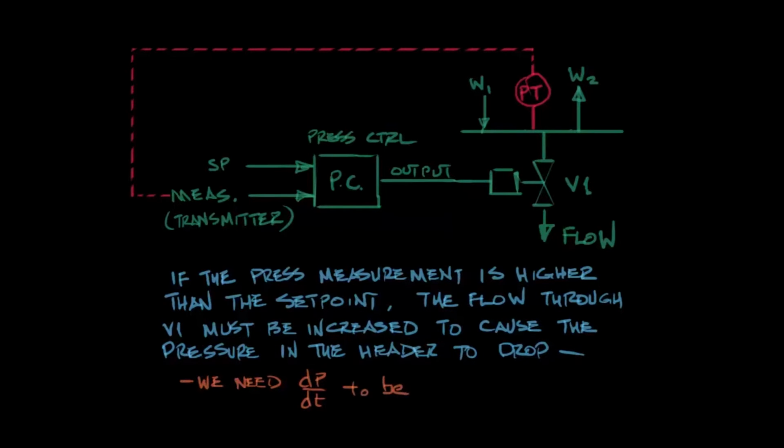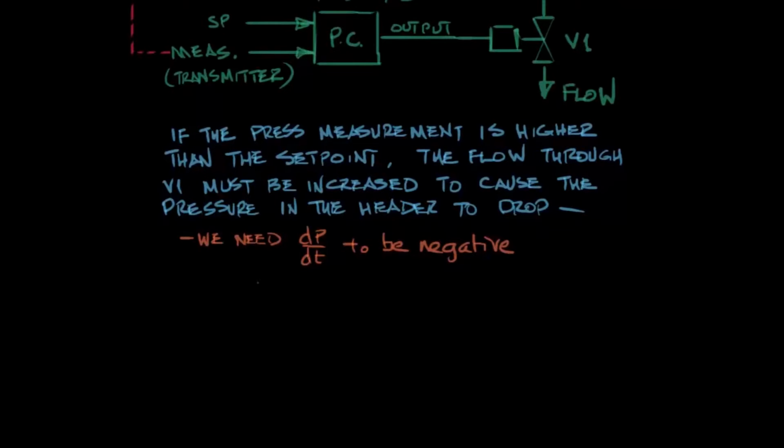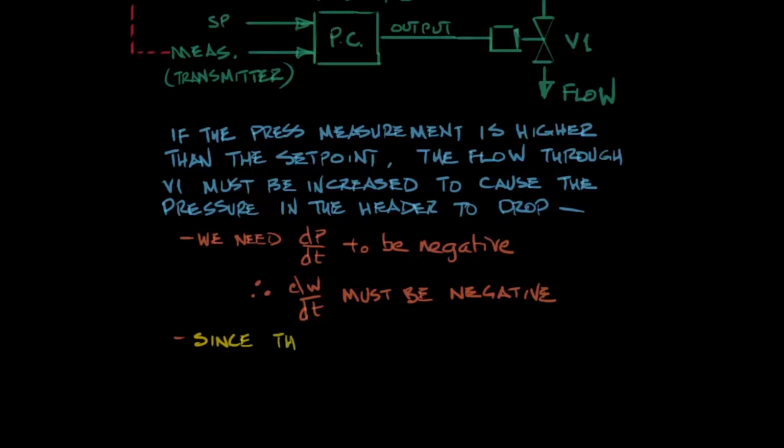So we need that time differential of the pressure to be negative if we want the pressure to come down, right? If pressure's high, we need to have a negative change in the pressure over time to get where we want to be. And from our earlier relationship, we saw that the time derivative of the flow has got to be negative there. They move together.